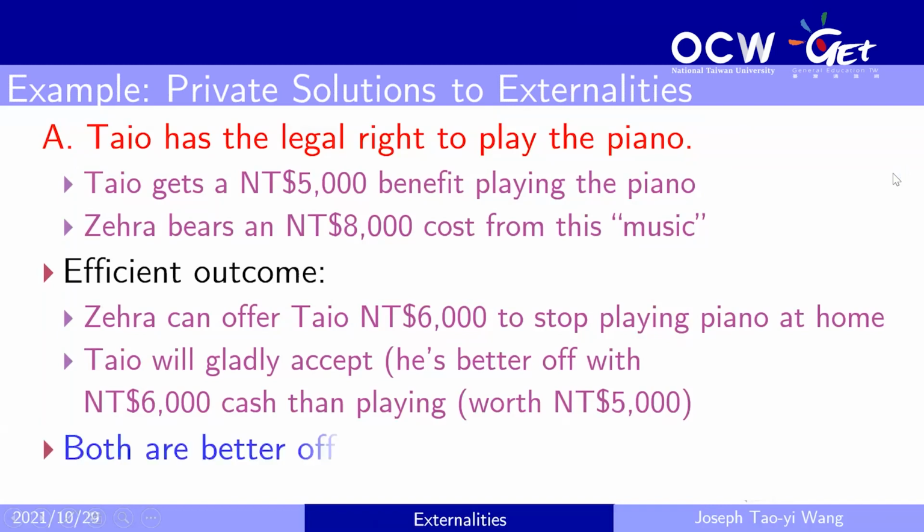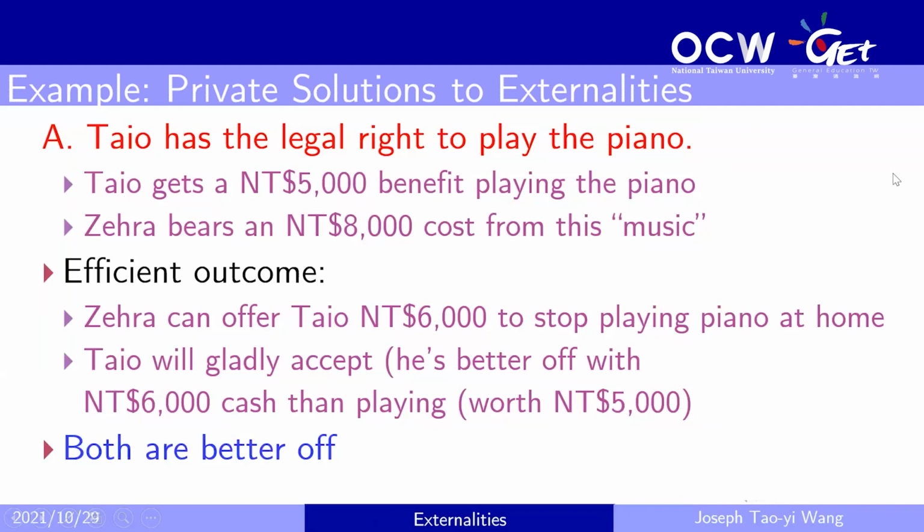And of course, will Zara make this offer? If she does not, she would have to bear the music, which costs her $8,000. So paying $6,000 to avoid this cost is good. Both are better off, so the efficient outcome could be implemented by a contract like this.